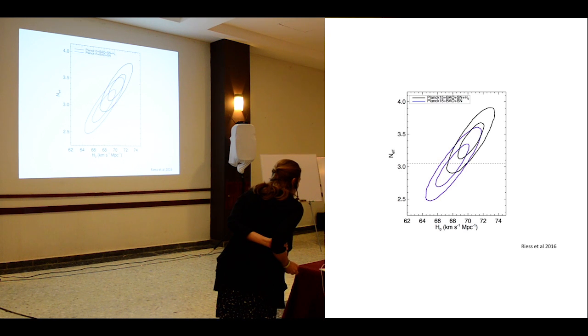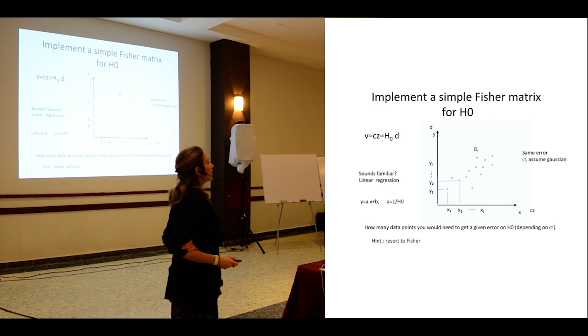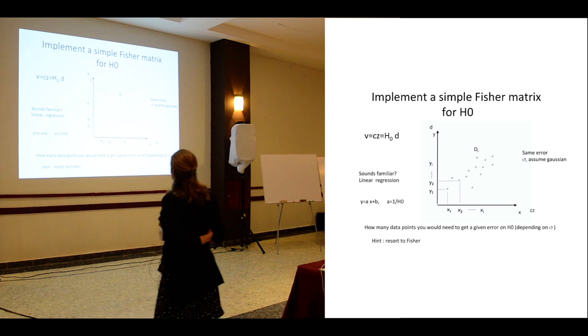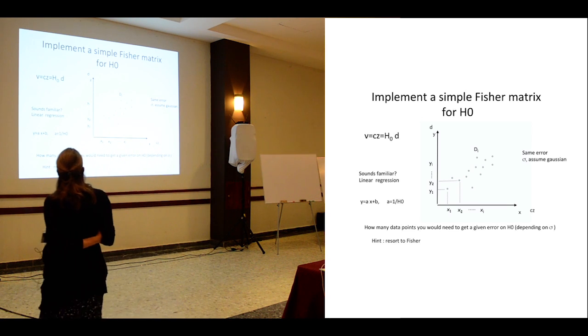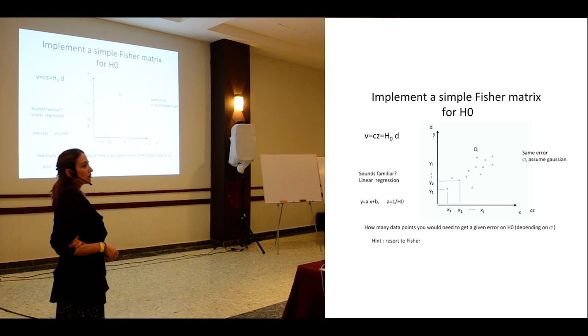What I would like you to do now, since we went through Fisher matrices, is to try to implement a simple Fisher matrix for something like H0. So if you remember, this is the Hubble law. It says that the recession velocity is directly proportional to the distance of objects.